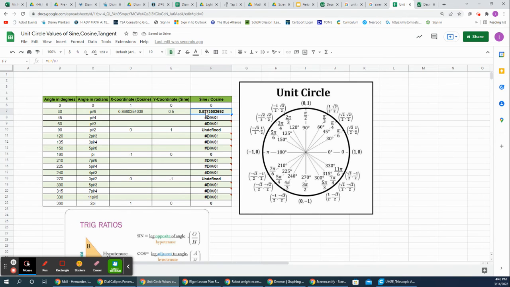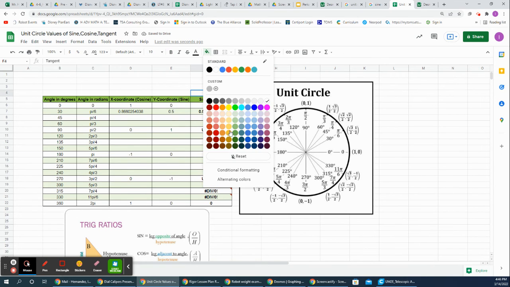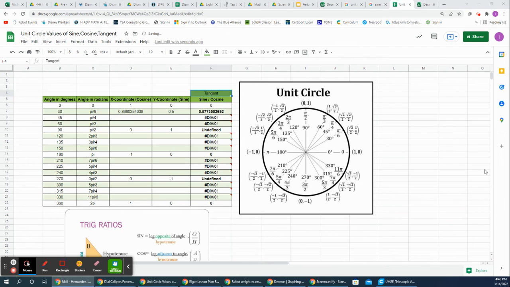And then look at that. It gave you the sine divided by the cosine value. This is it right here. Okay? And if you remember from step 1, sine over cosine is the same as tangent. So this is tangent. Okay? Let me just make that bold. There you go. So this is actually the tangent value at the angle here in degrees or radians.